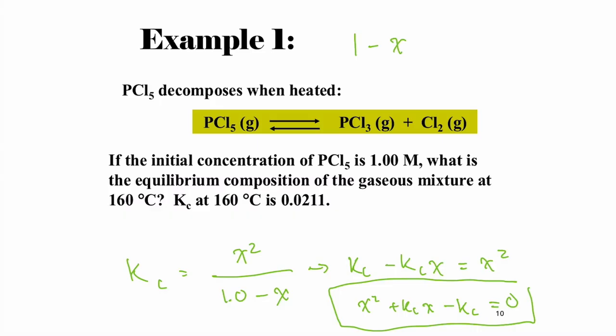So if x is less than 0, then PCl5 at equilibrium is greater than 1. And that doesn't make sense because it's decomposing. All right, so we'll finish up doing this problem. We'll probably start on Thursday, just finishing up and going through the algebra for this, but I just wanted you guys to get to this spot right here.